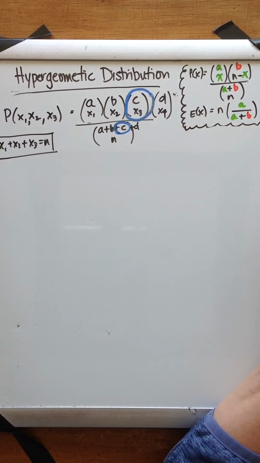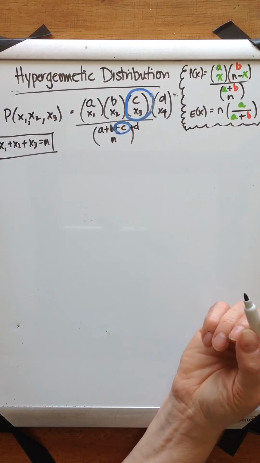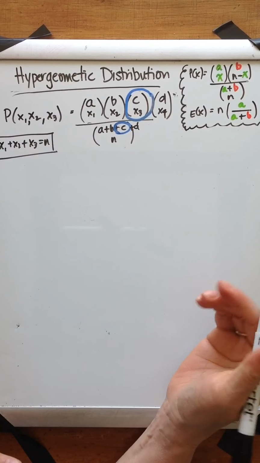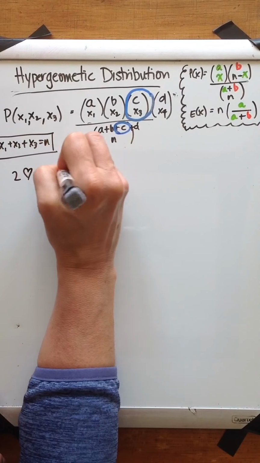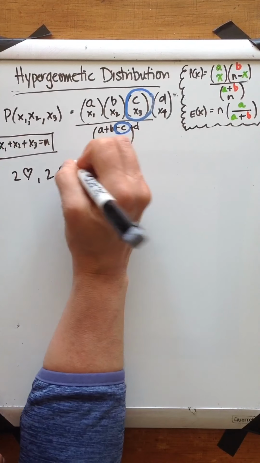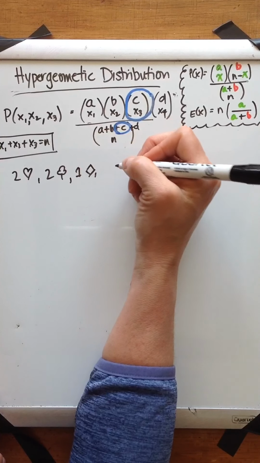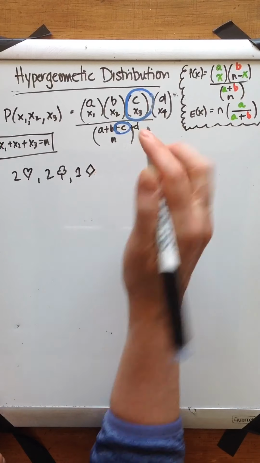Okay, we're going to stop, but I will do one here where there are 4 options as an example for you. So our example is find the probability of drawing exactly 2 hearts, 2 clubs, 1 diamond, when you draw 7 cards from a deck.